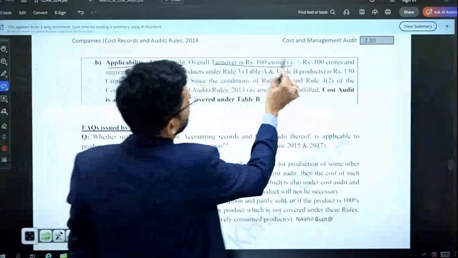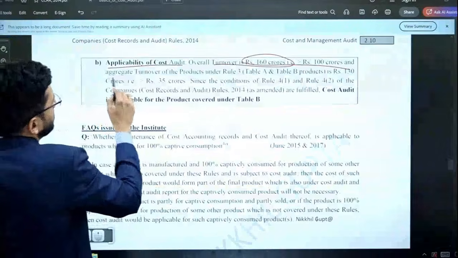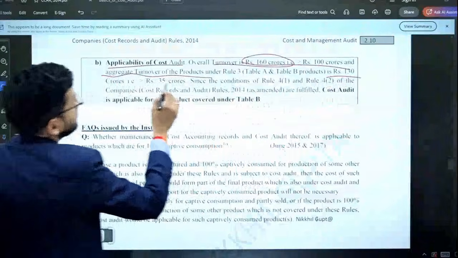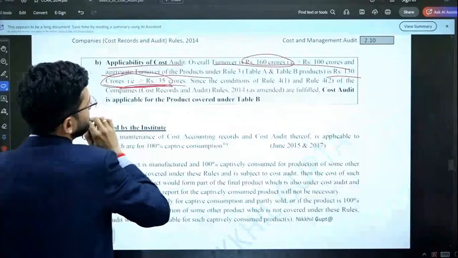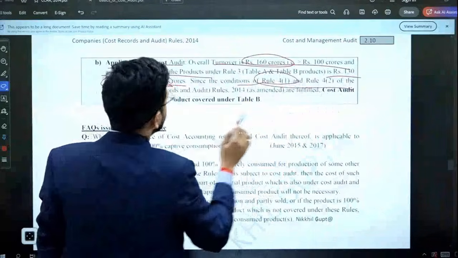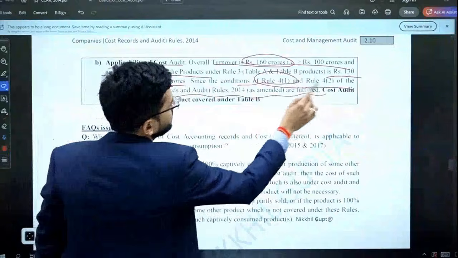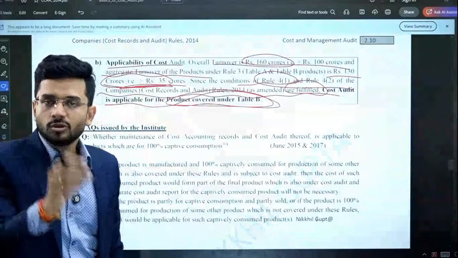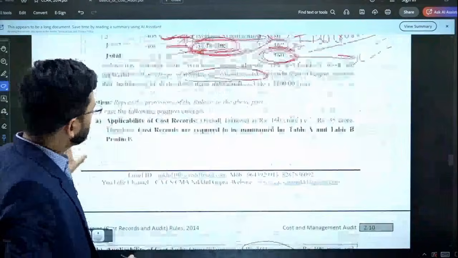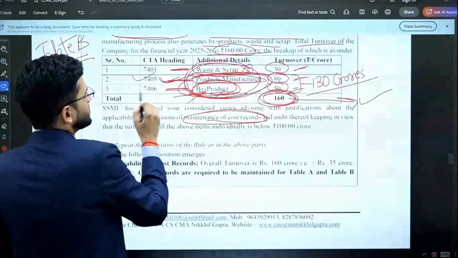So applicability of cost audit: overall turnover of the company is 160 crore, which is more than 100 crore. It is perfectly okay. Then the table A and B product total turnover is 130 crore, which is again more than 35 crores. Since the conditions of rule 4.1 and 4.2 are met, cost audit is applicable for the products covered under table B. So you have to maintain cost audit for both this and this.